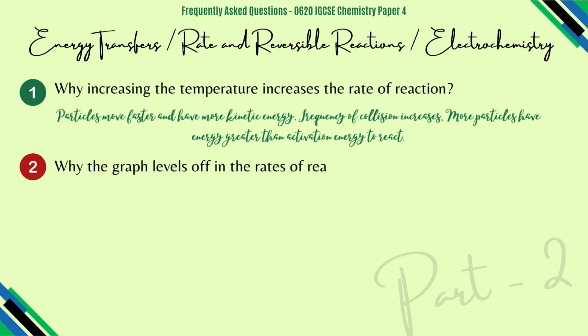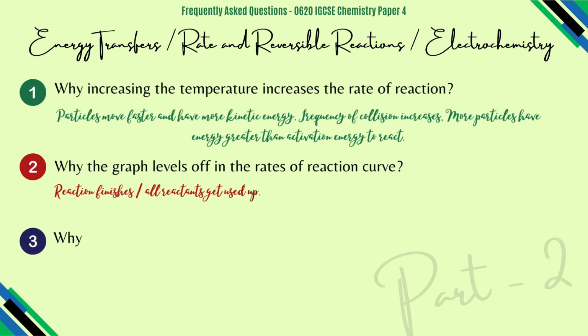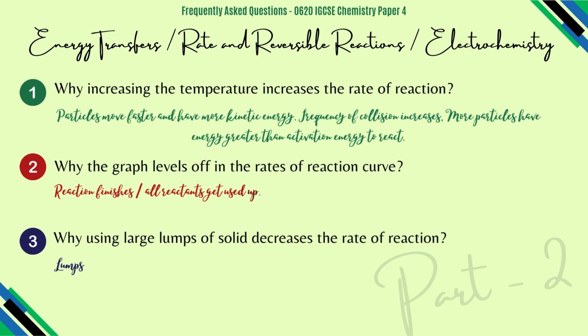Question number 2. Why does the graph level off in the rates of reaction curve? You see, in the rates of reaction curve, the graph becomes straight after the passage of certain time. This is when the reaction completes, when the reaction finishes, and we no longer have reactants left. All the reactants are used up. Question number 3 is why using large lumps of solid decreases the rate of reaction.